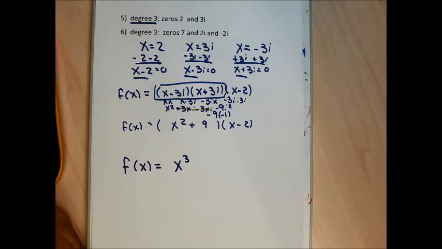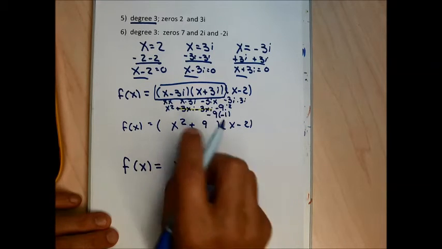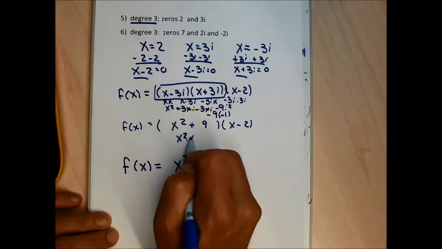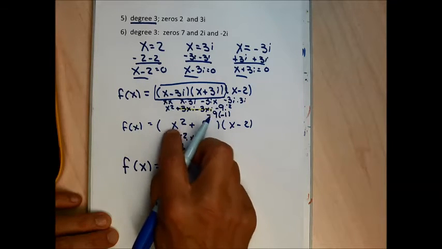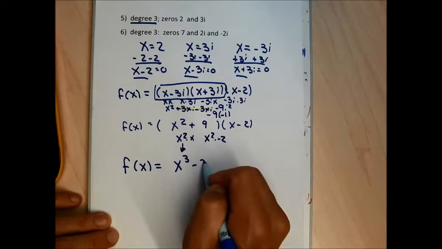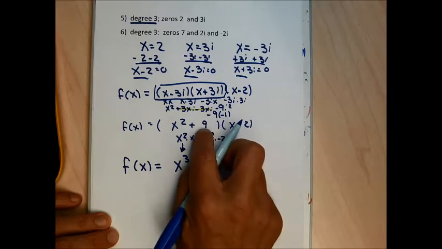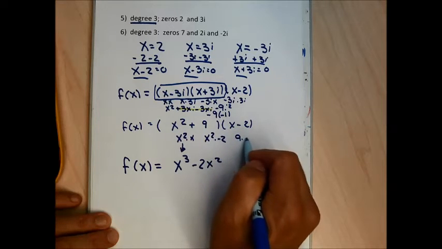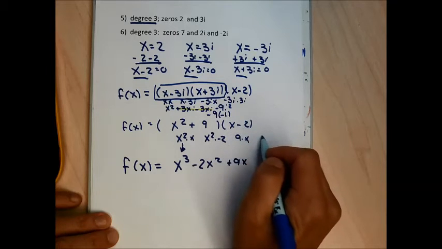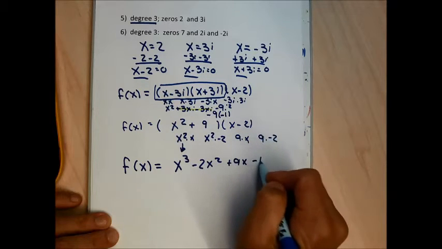Now I'm going to finish this by doing the multiplications that are left. I'm going to go x squared times x, and that gives me x cubed, and then x squared times minus 2, which will give me minus 2x squared, and then 9 times x, which will give me positive 9x, and then 9 times minus 2, which will give me minus 18.